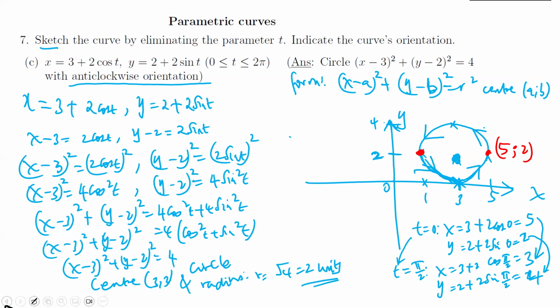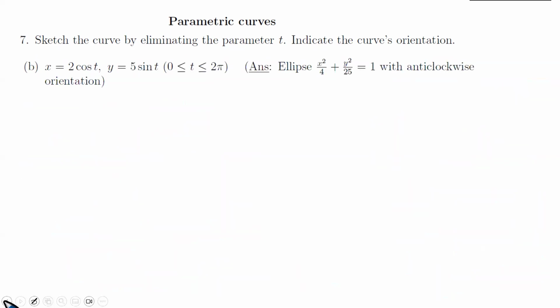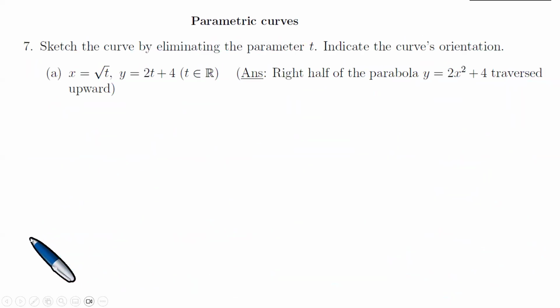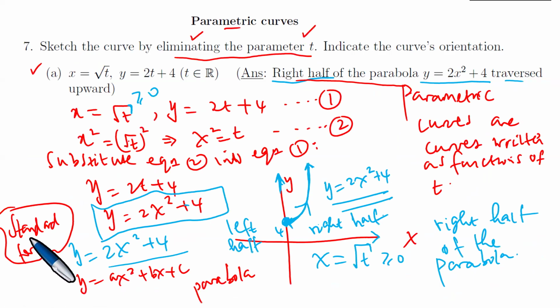But if you have this one, it's similar, but it's said to be traversed.